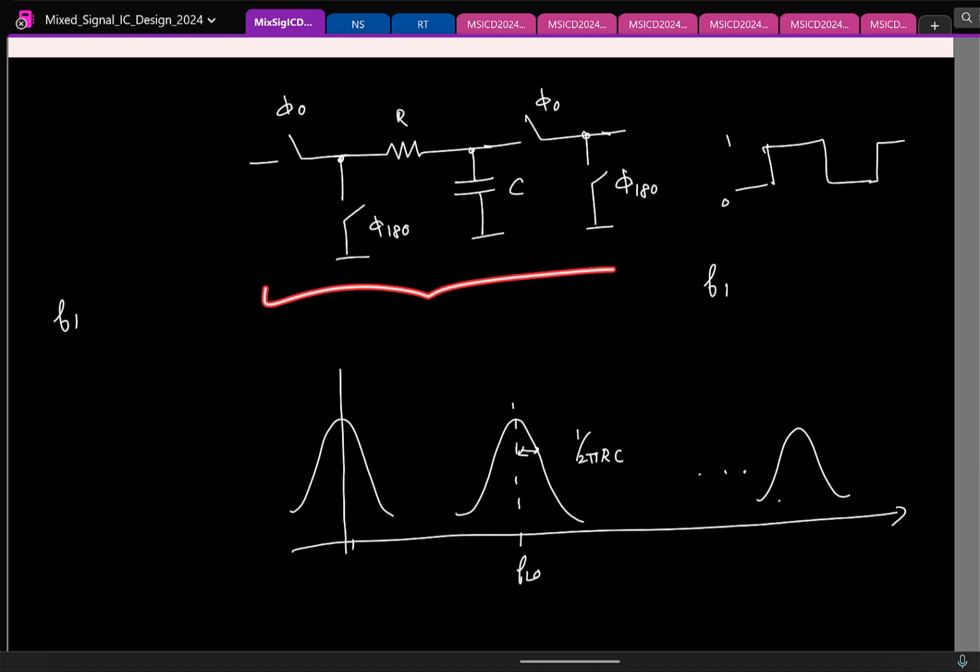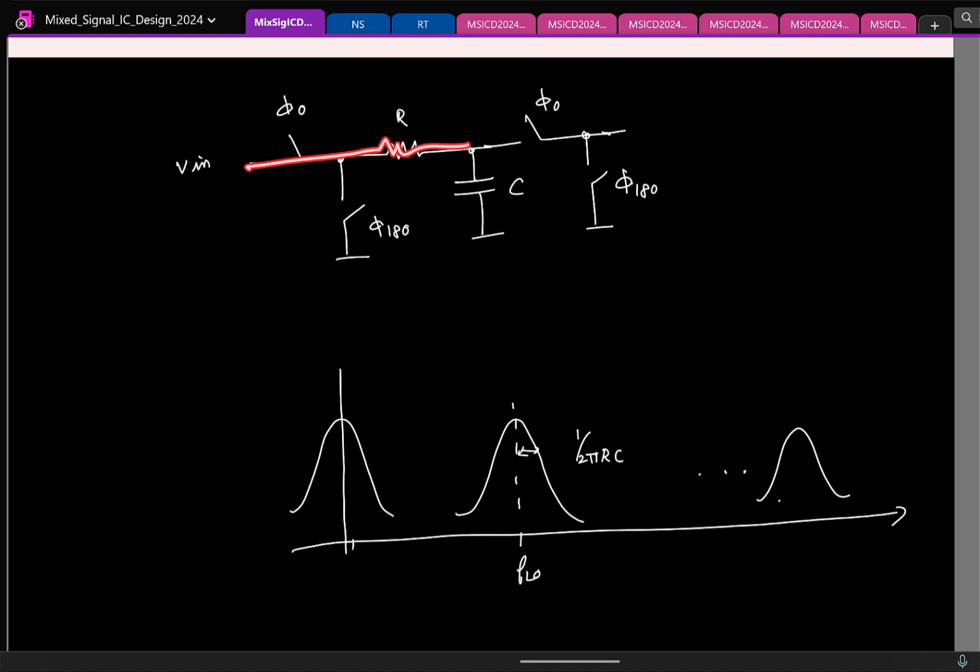Here, let's say we remove this. During the clock phase phi 0, we are connecting the input like this. The capacitor sees a resistor in series with it. So what is the RC bandwidth in the clock phase phi 0?